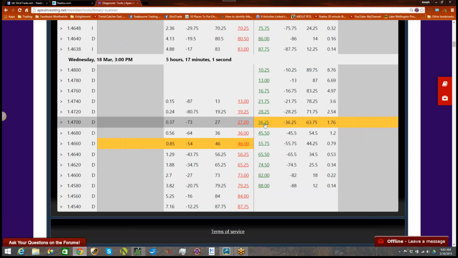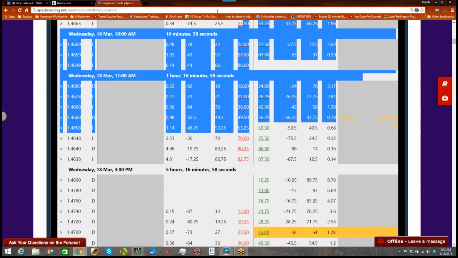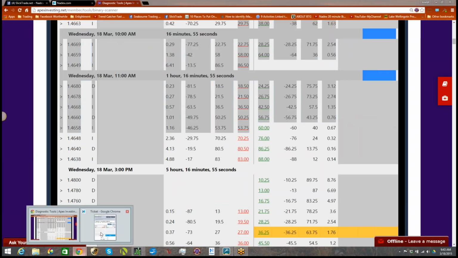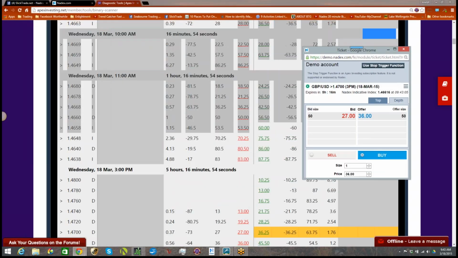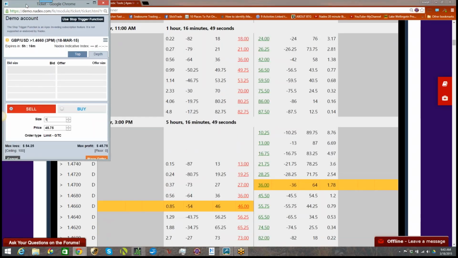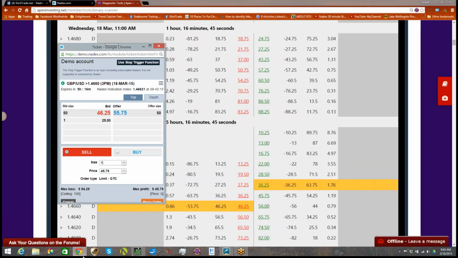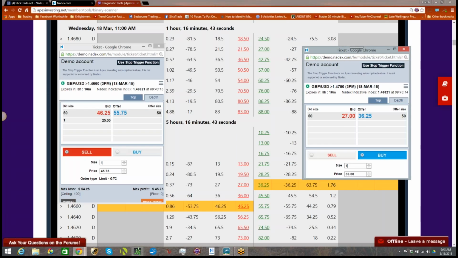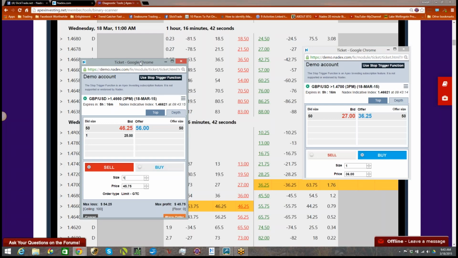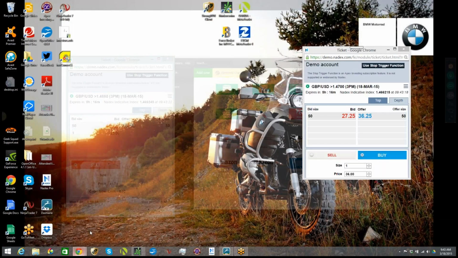Before 4 o'clock, I will have this ticket handy, and I will have the other ticket open handy like that. So I have these two tickets open.